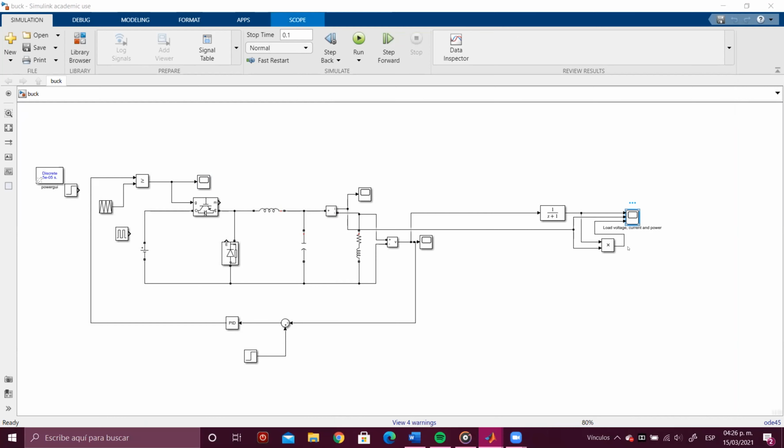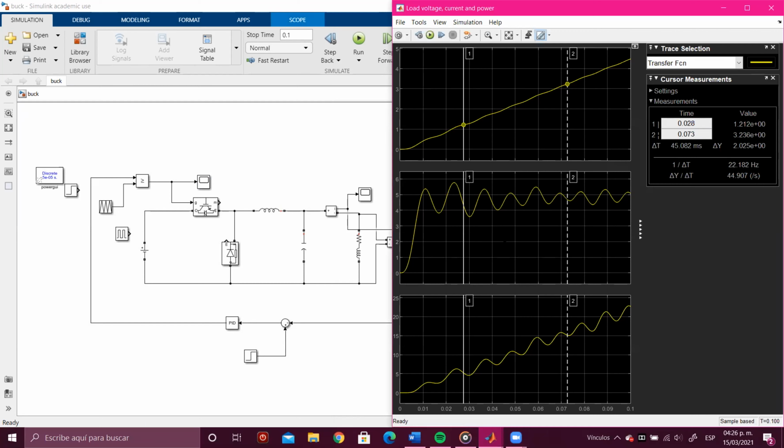We click here, and we're going to see that the current is changing according to the energy contained in the inductance and the capacitor. The voltage will be changing, but mainly the power will be constant and will tend to stop having energy losses.